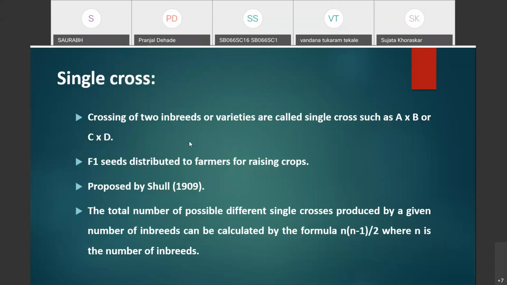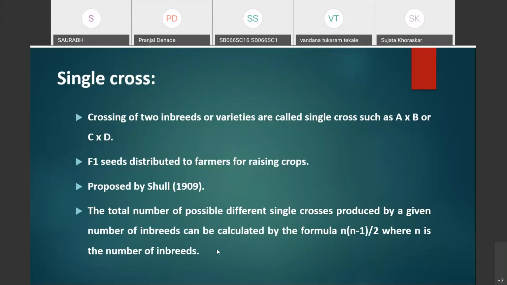Suppose various inbreds are involved, for example A, B, C, D, E, F, G, H. Then the total number of possible different single crosses produced by a given number of inbreds can be calculated by the formula n(n minus 1)/2, where n is the number of inbreds.